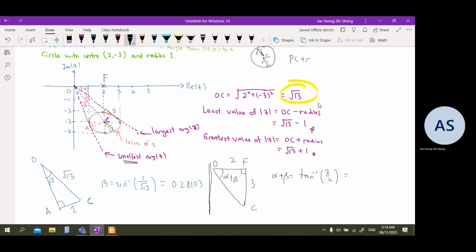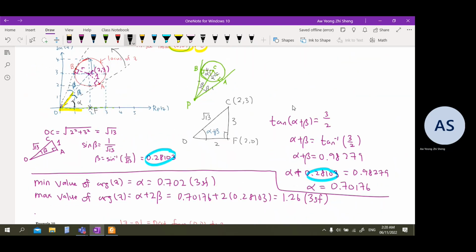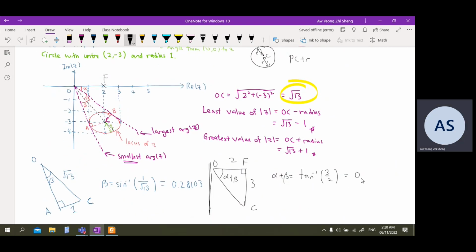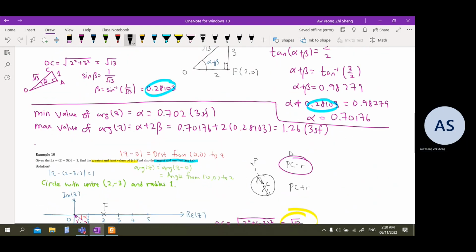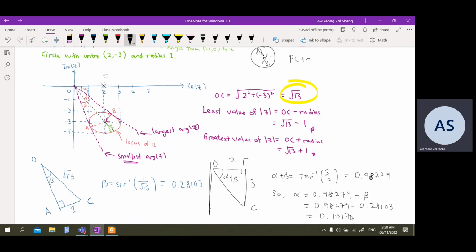That gives me 0.98279. So my alpha is 0.98279 minus beta, 0.28103, and now I have 0.70176.